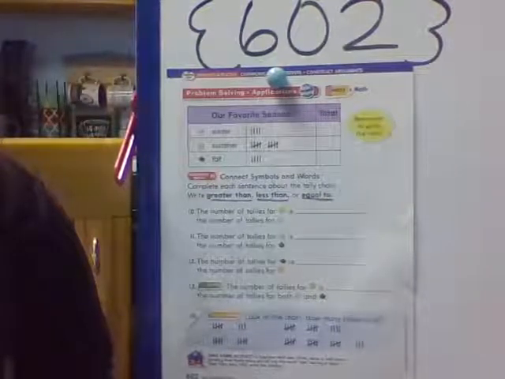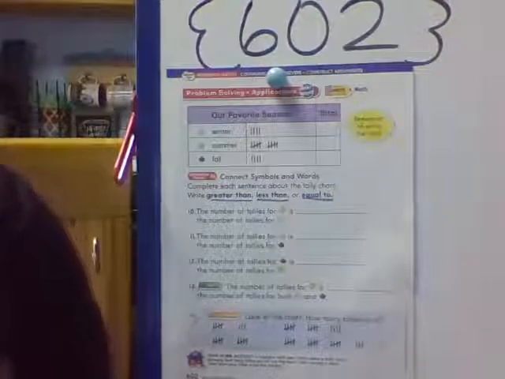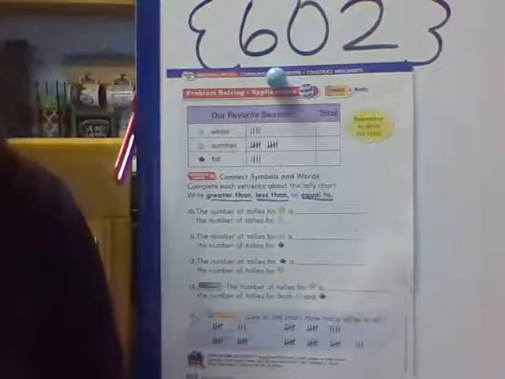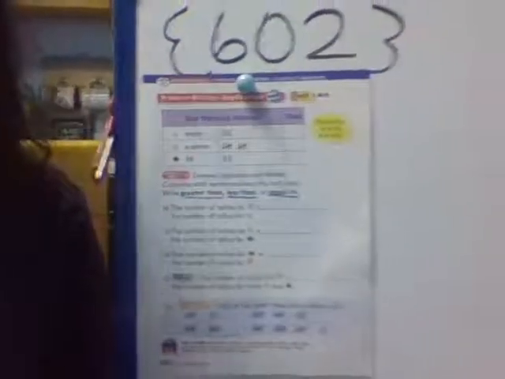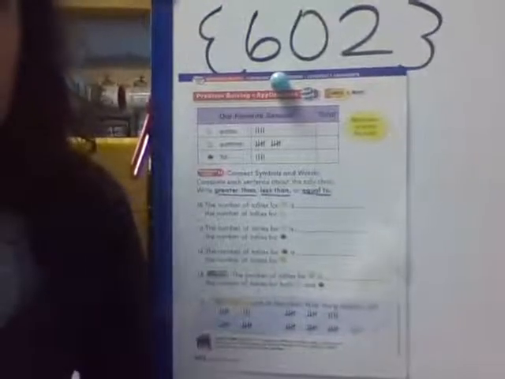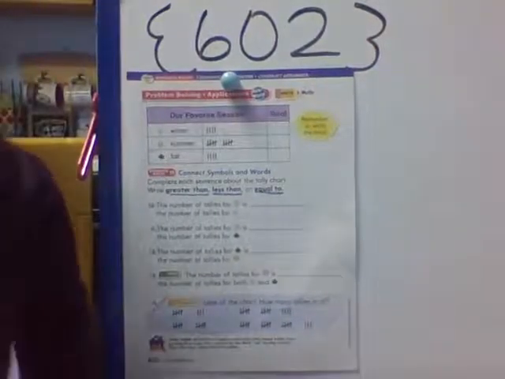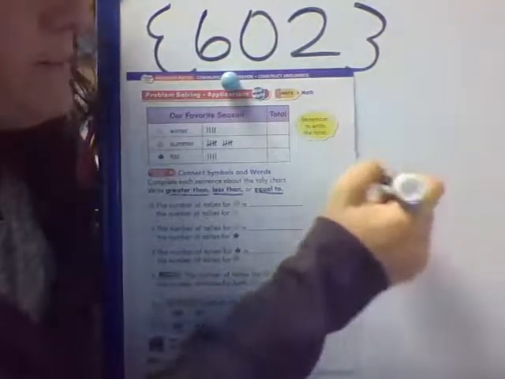Number 13 says the number of tallies for summer is blank the number of tallies for both winter and fall. So for that one, when you're doing it, I want you to make a math problem for that. So you're going to have summer is one part, right?